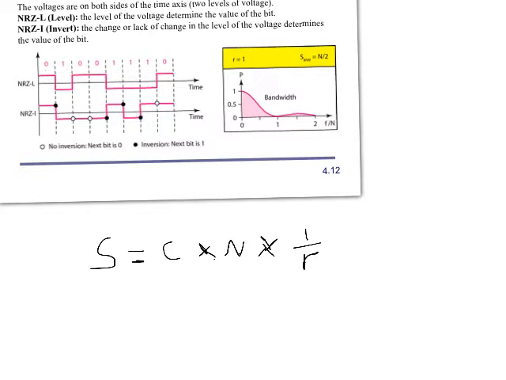R is the ratio between the data element and the number of signal elements that represent this data element. What is R here? 1. So I have one data element corresponding to one signal element. So R is 1. Okay?